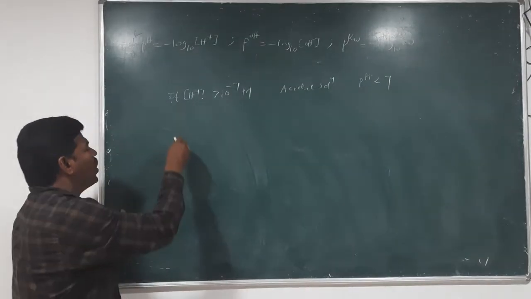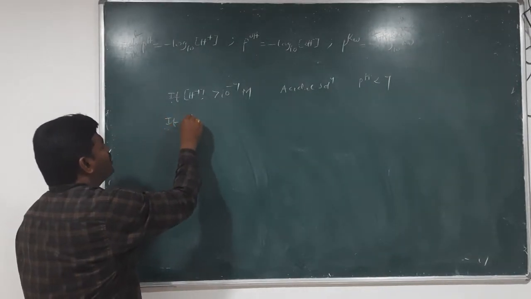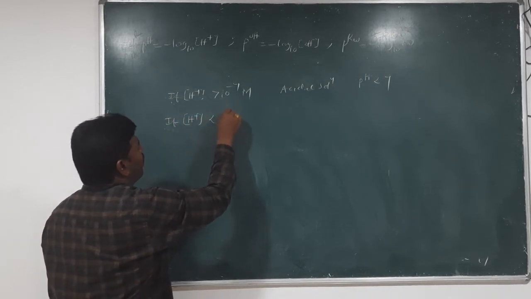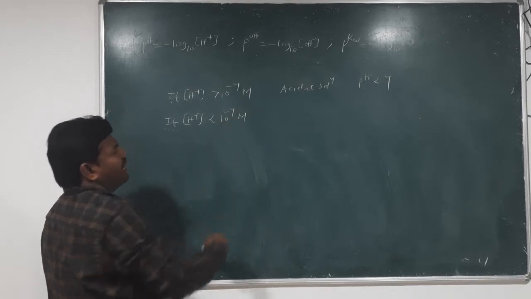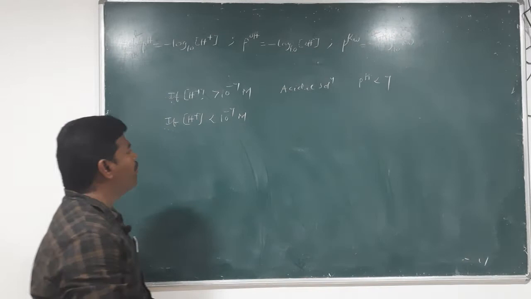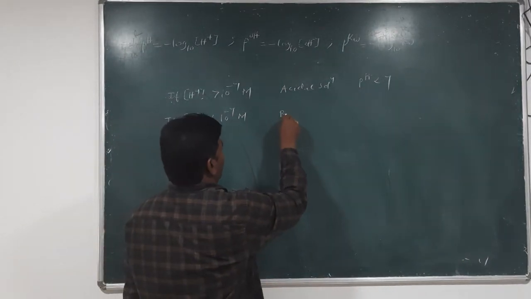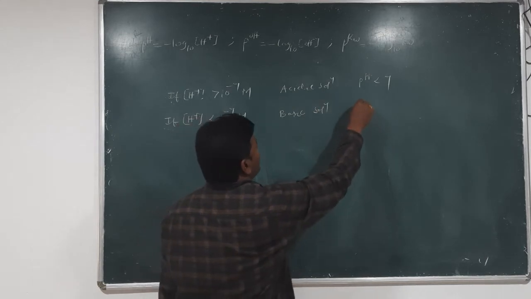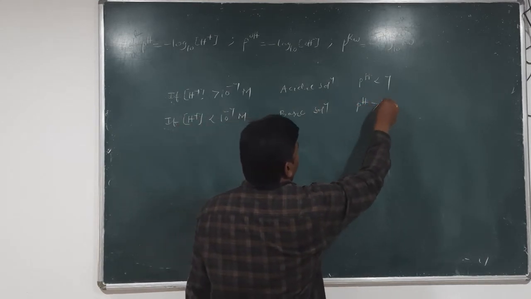And if the concentration of H plus ions is less than 10 to the power of minus 7 molar, then the solution is said to be a basic solution, and pH is greater than 7.